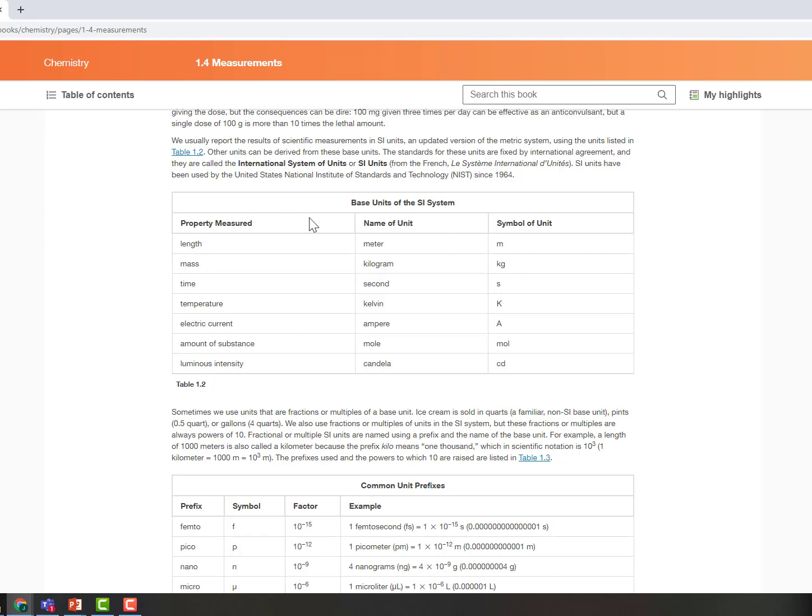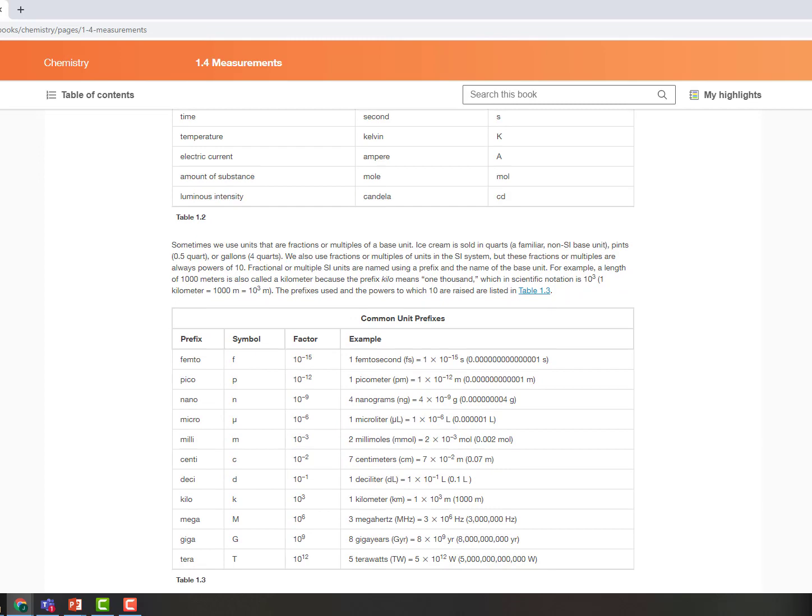These are what we call the base units of the SI system. We have the name of the unit, but we usually abbreviate those with a symbol. If you see the symbol m after a number, it is probably referring to a length with units of meters. Same thing, kg means kilograms, s means second, capital K means Kelvin. So these are what those are referring to.